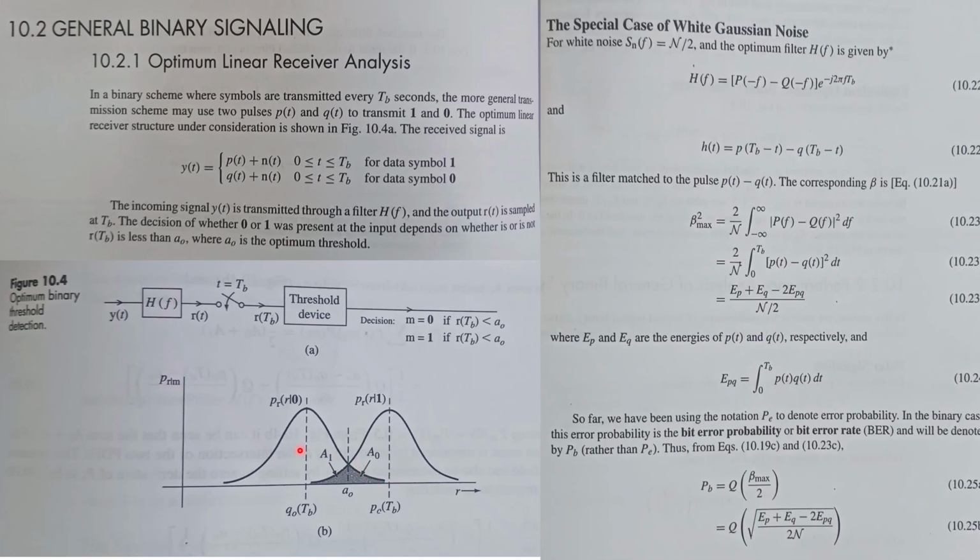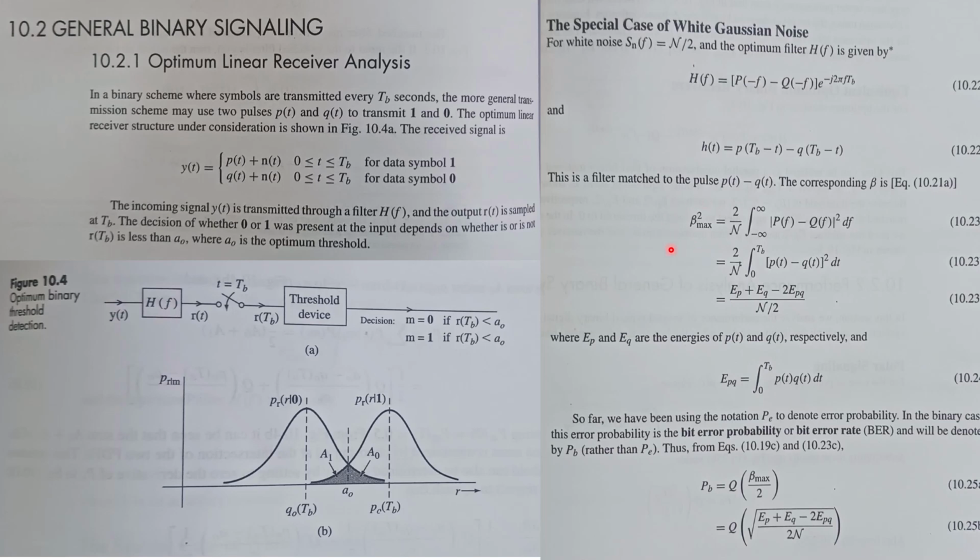So how can we find the probability of error here? In the case of white Gaussian noise, first we have to find the SNR, and then we can find the probability of error in this binary case.